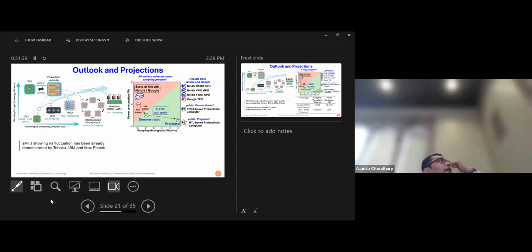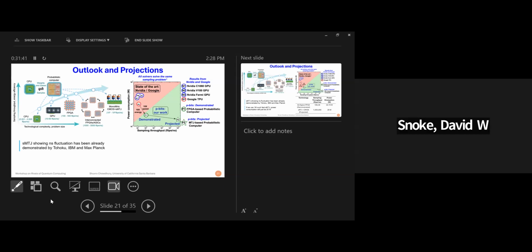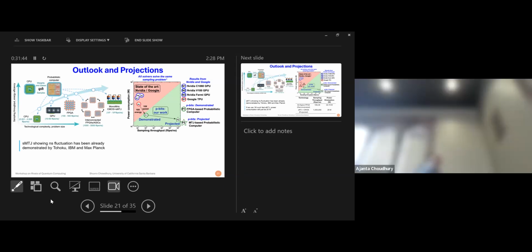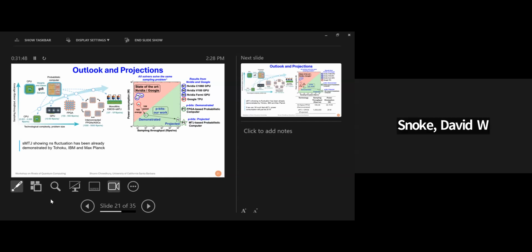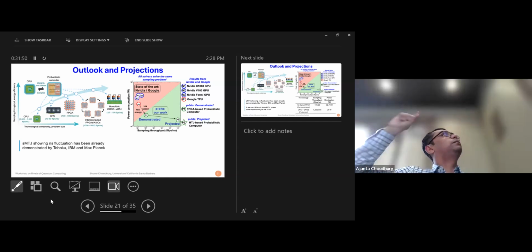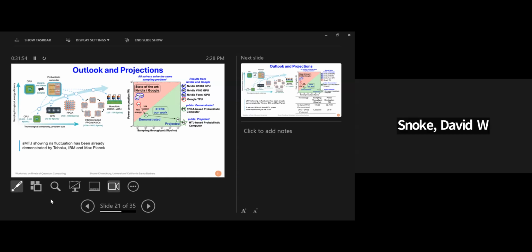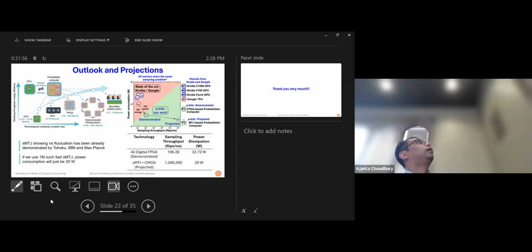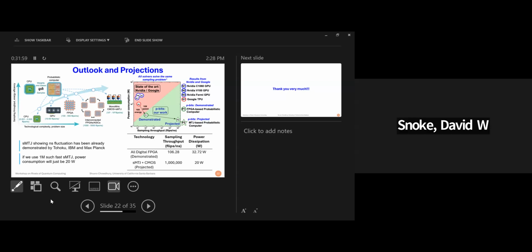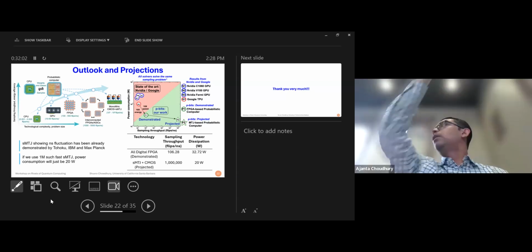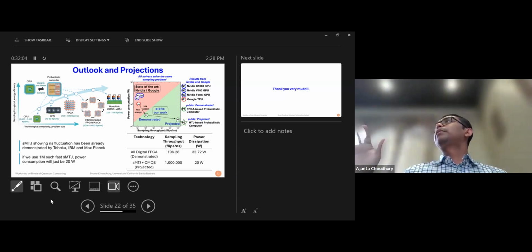The projection assumes 1 nanosecond stochastic nanomagnetic qubits, which have already been shown by various groups. And if you use this, 1 million of them, the power is just around 20 watts or so.